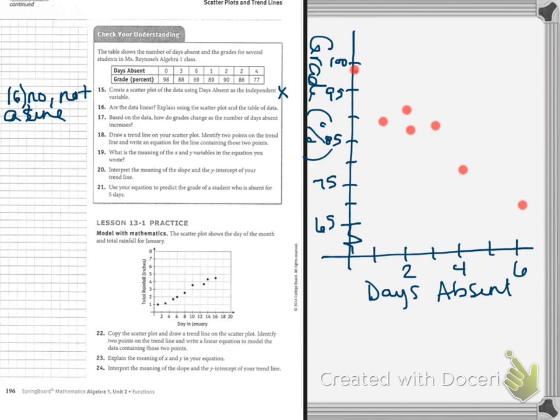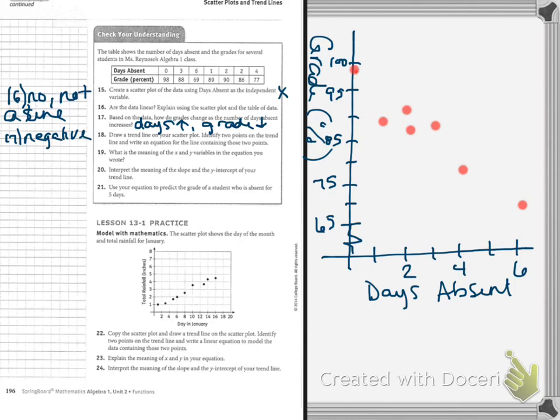Based on the data, how do the grades change as the number of absent days increases? Well, we can see that it is going down. So we could say as the number of absent days increases, the grades decrease. So days goes up, grade goes down. So that means, based on what we talked about earlier, this is a negative trend.